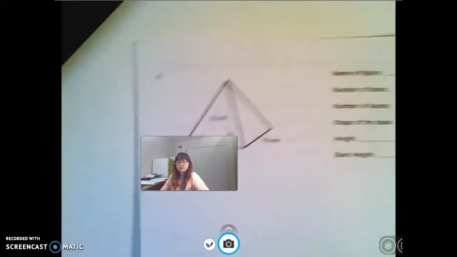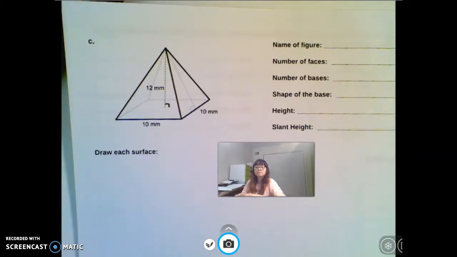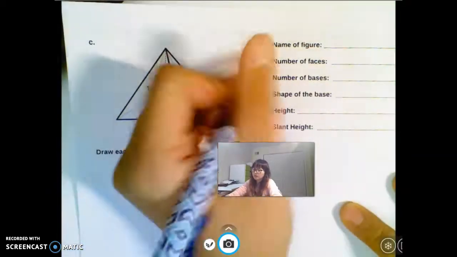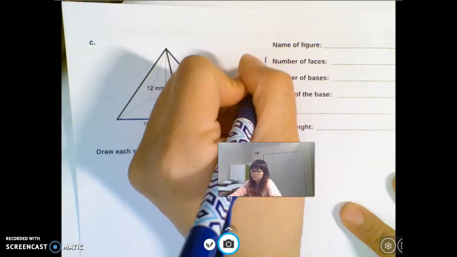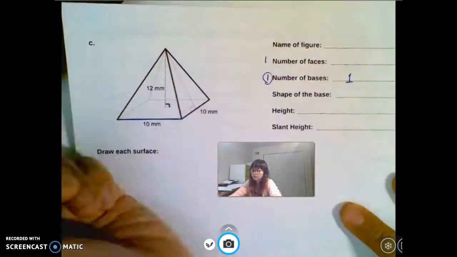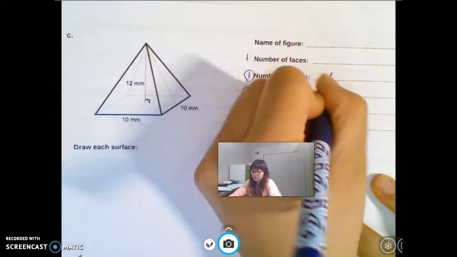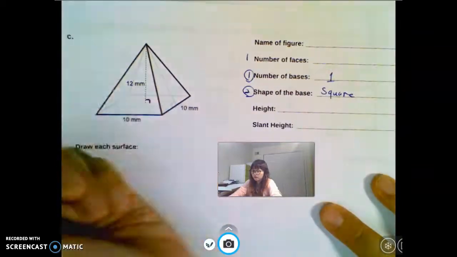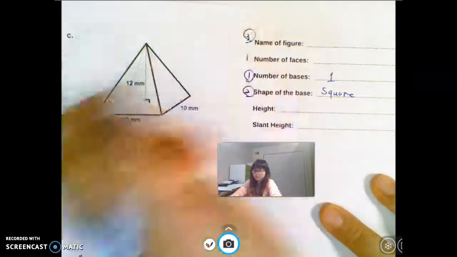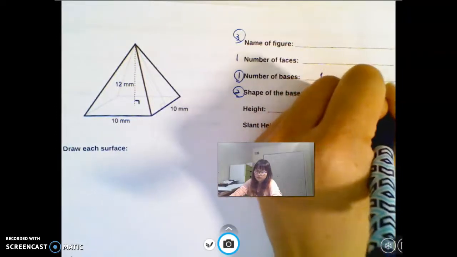I want to get to the pyramid because we haven't had any pyramid. Let me do one pyramid at least. Name of the figure. Well, as I said, we should really start with the base question. Number of bases, we only got one base. So it's a pyramid. Shape of the base, that's a square, also known as a rectangle.